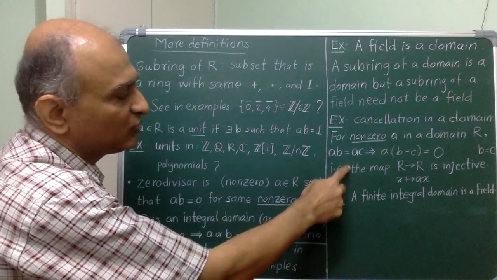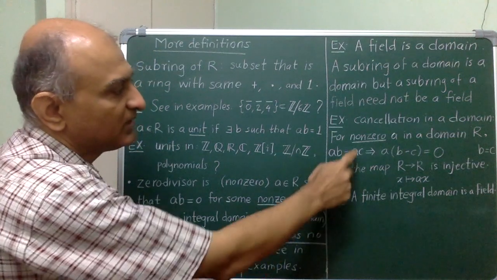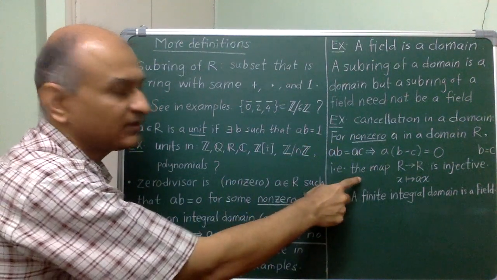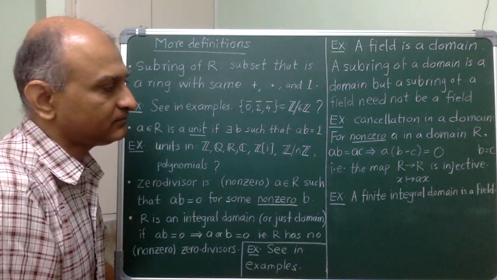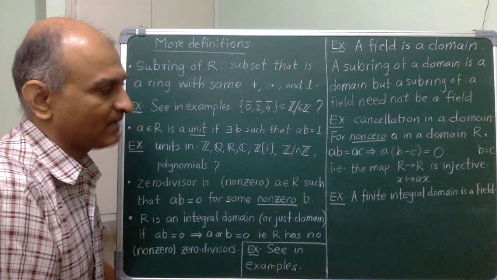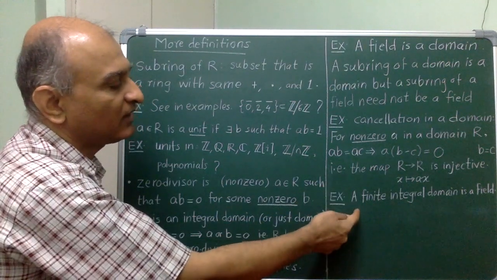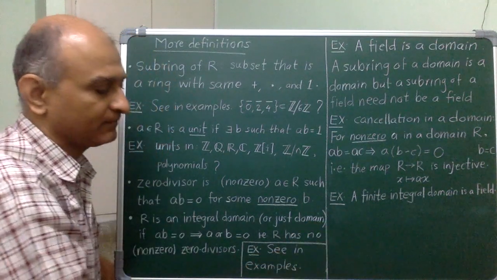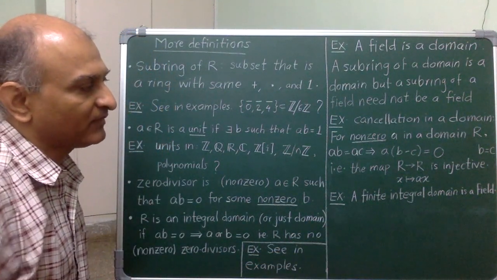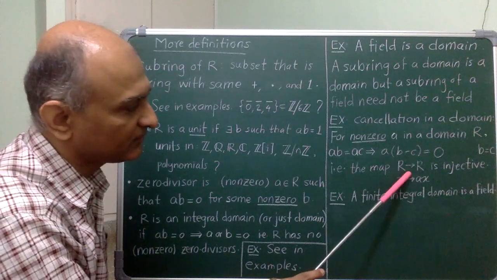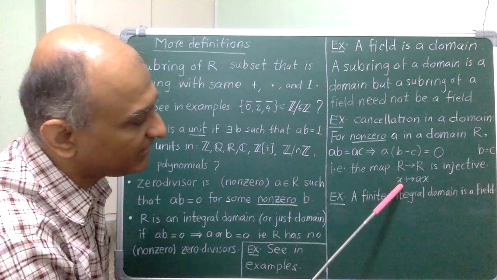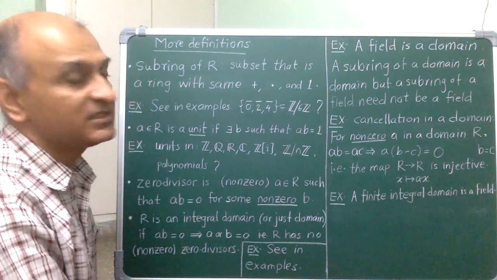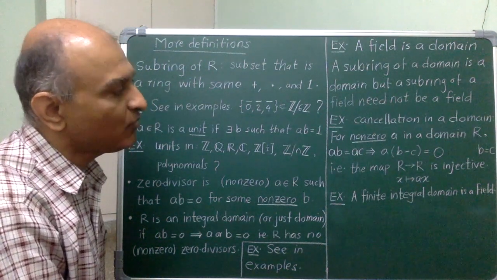Now the statement that I have written over here is just a direct reformulation of the cancellation property, but it is useful to formulate it in this fashion. And one use is that it allows us to give a solution to the next exercise. So I am given a finite integral domain. So that means that this ring R is finite and the left multiplication by A map from R to R is injective. But now what do I have?